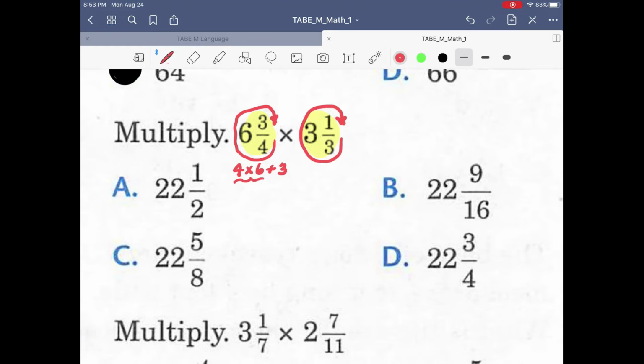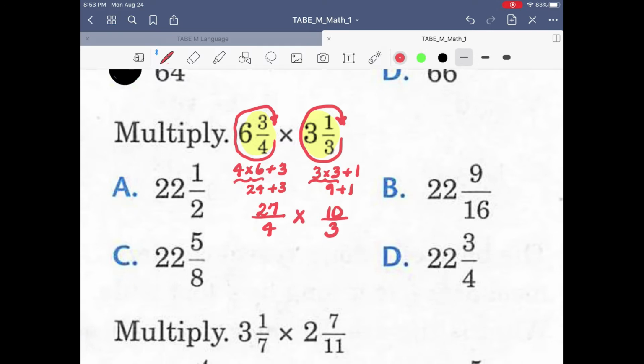So I have 24 plus 3 is 27 over the 4. And here we have 3 times 3, add 1. So I have 9 plus 1, that's 10, and this one has a 3 on the bottom.